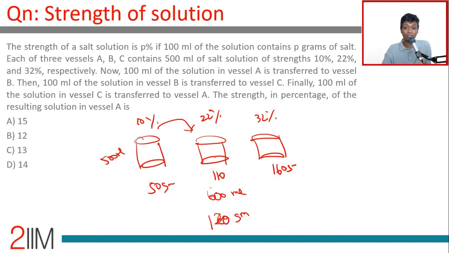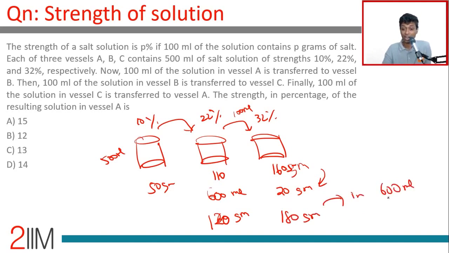Right? From the 600 ml, we're transferring another 100 ml to this one, the second time around. And so, of 120, 1/6 is going away. So 20 grams will get added to this. So this will become 180 grams in 600 ml. From this, 100 ml is transferred back here.